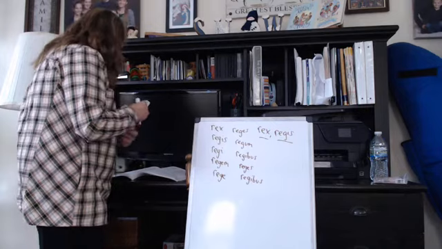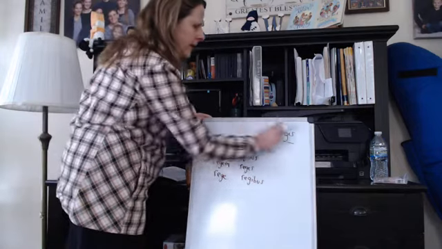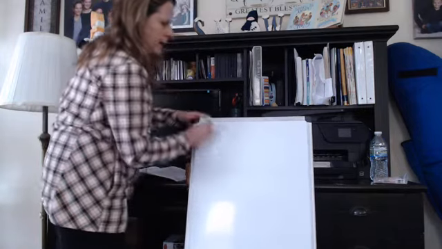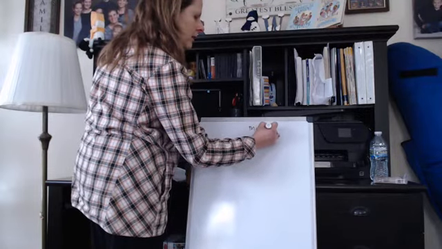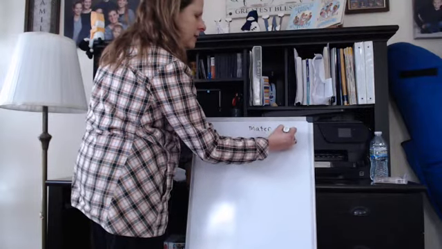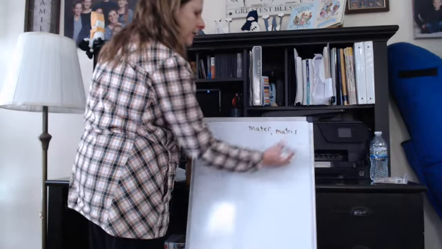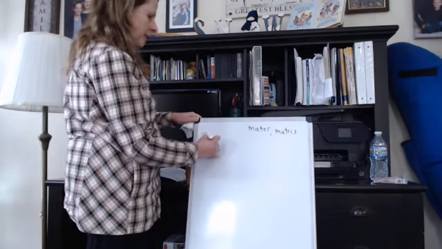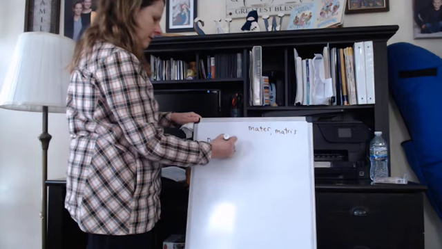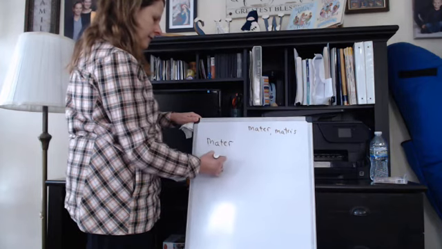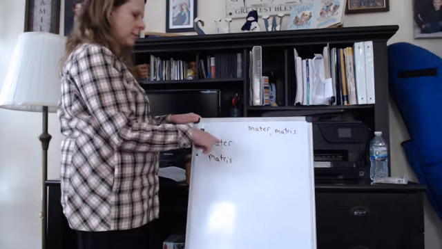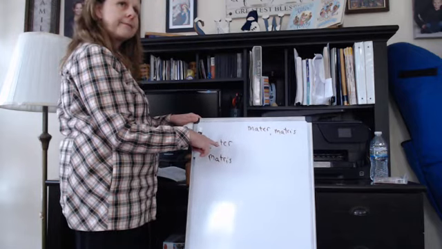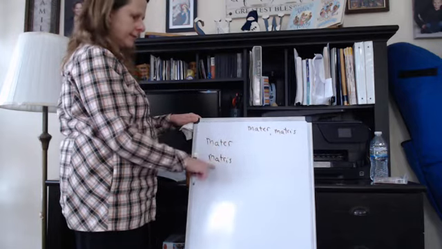Let's take a look at, they did pater, patris. Let's do mater. So mater, matris means mother. So that's the nominative and the genitive. And then look at this. The E just disappeared, didn't it?